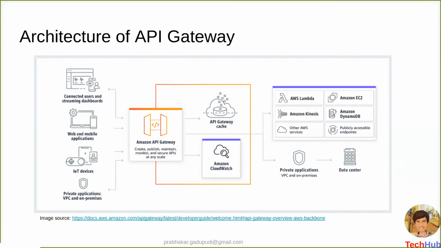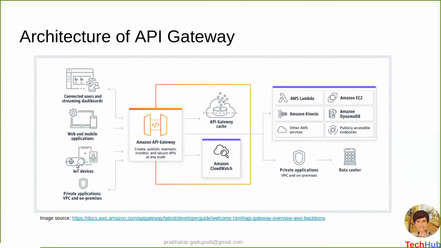Here are the set of clients. Someone can directly do streaming, as a part of Amazon Prime, and someone can use a mobile or web browser to browse the products and do the shopping.